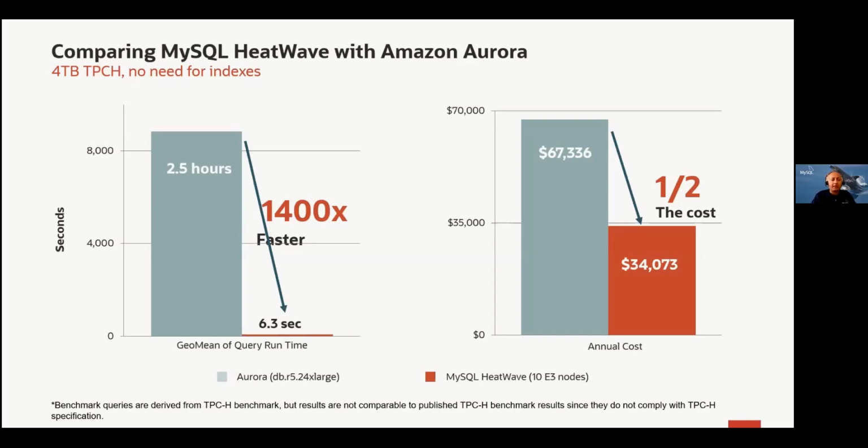Now, Aurora is a comparison because, as I said, it's Amazon's version of MySQL, which has been enhanced, so kind of a general purpose database. But most of the customers who want to run analytic workloads with MySQL don't really use Aurora. What they do is move the data into a specialized database for analytics and run analytics there.